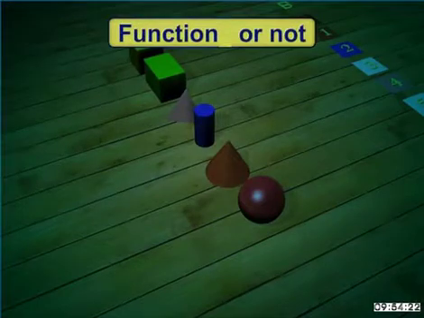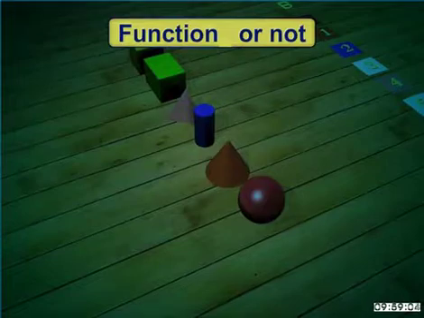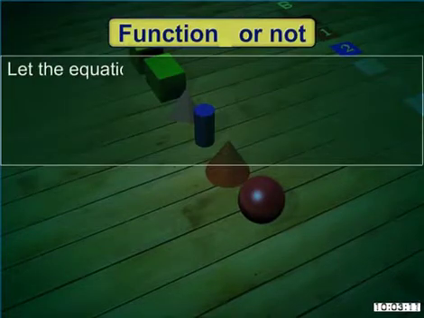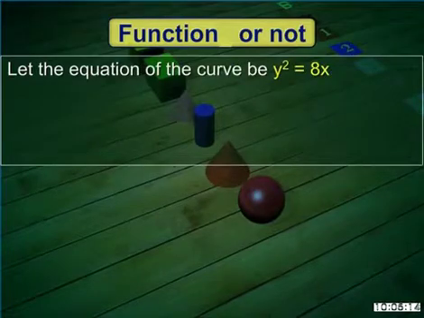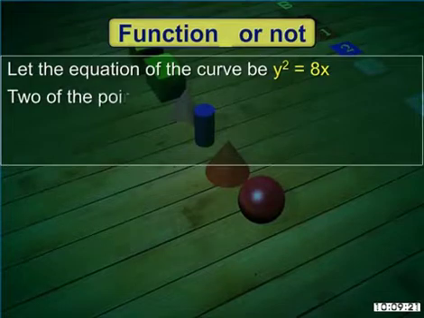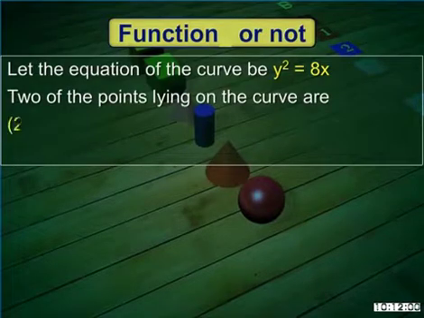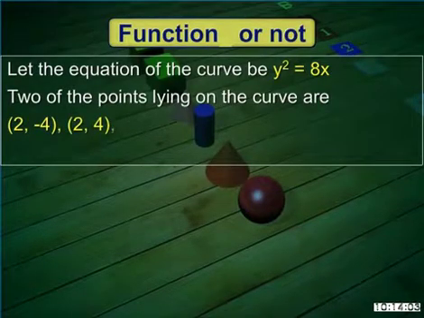If the graph of a curve is given, then how do we determine whether it's a function or not? Consider the equation y square is equal to 8 times x. Two of the points lying on the curve are (2, -4) and (2, 4).